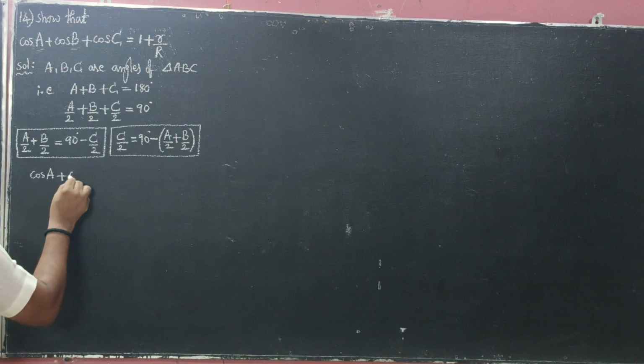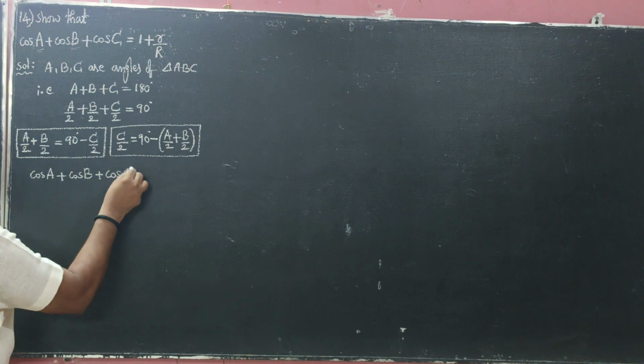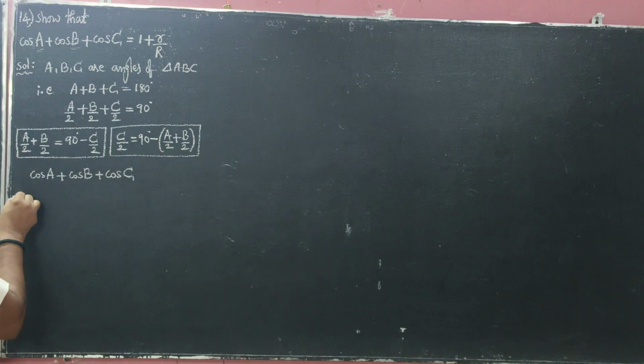Cos A plus cos B plus cos C, we have to show that the answer is 1 plus small r by capital R. Okay, a regular problem.